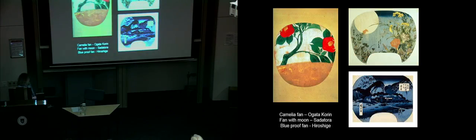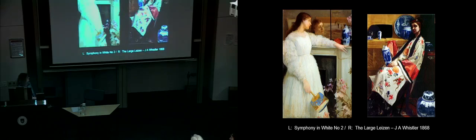So these kind of designs then came into European culture from the 1860s when Japan opened up to the West, and there are reasons for that which we will talk about tomorrow. So we have the props of fans and a Chinese robe here. She's looking at blue and white china.